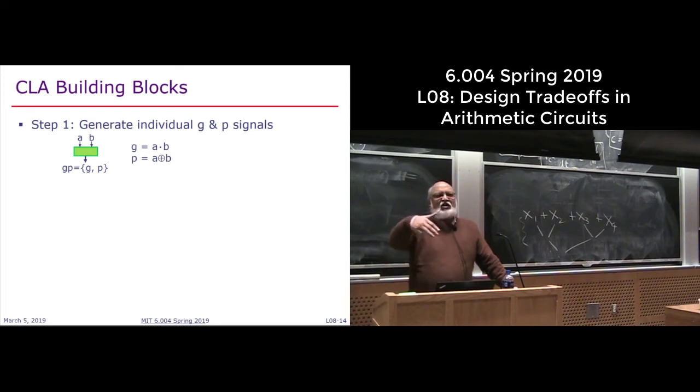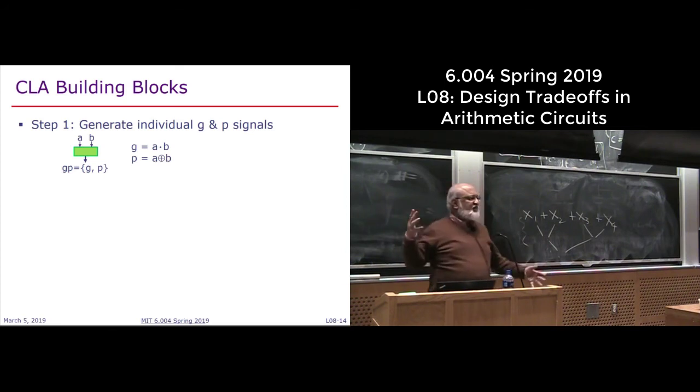You guys are now world champions in understanding data structures, so that wire is actually a G signal and a P signal coming out. Everybody is comfortable with this? So I can do it to every bit that is coming in. I can compute its G and P properties in parallel, all 32 of them.